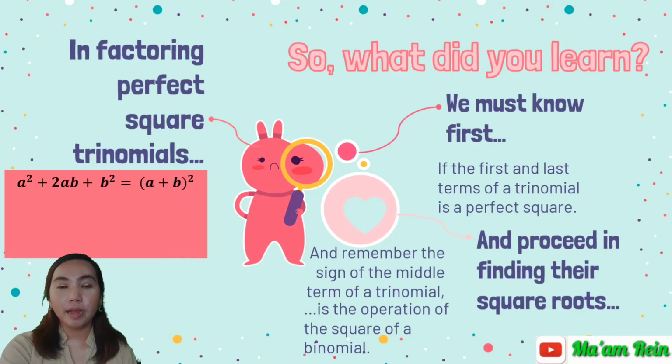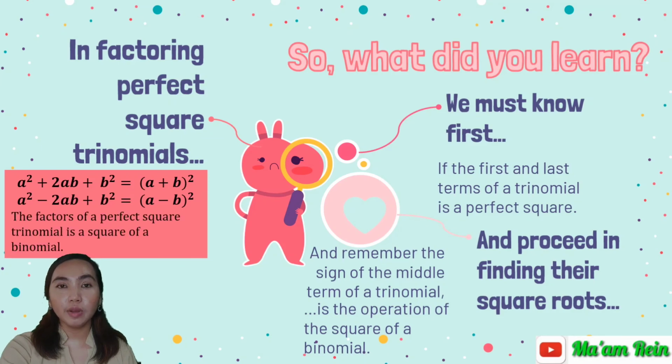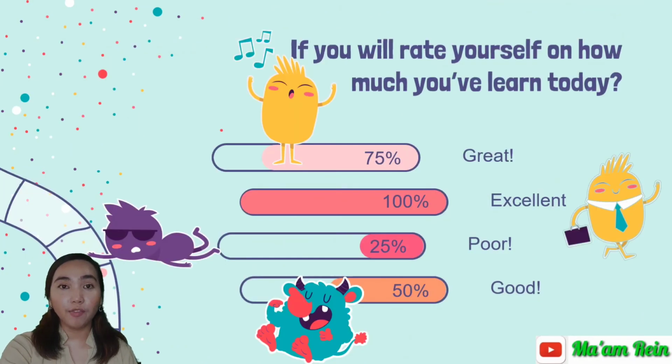So keep in mind, a perfect square trinomial, if the middle term is positive, then the square of a binomial is also a positive. Likewise, if it's difference din syempre yung square of a binomial natin. And the factors of a perfect square trinomial is a square of a binomial. So if you will rate yourself on how much you've learned today, what would it be?